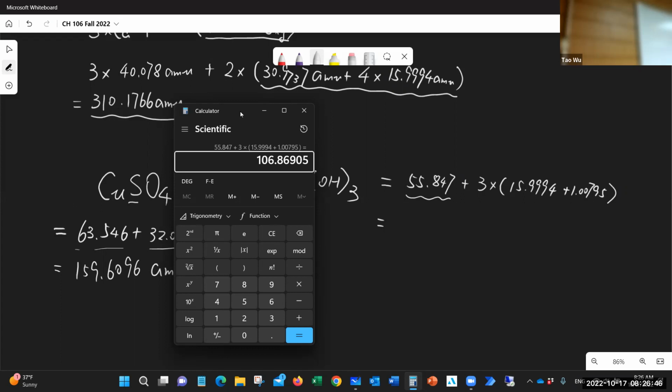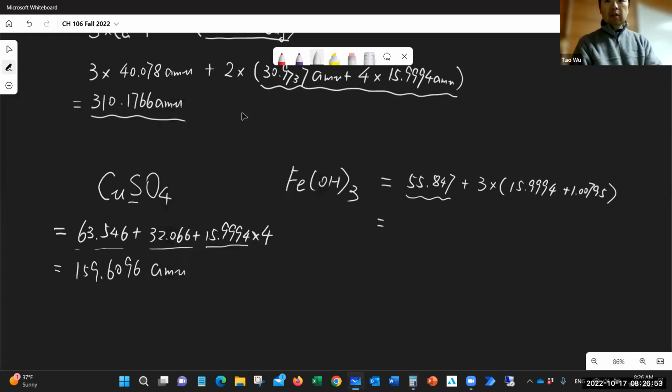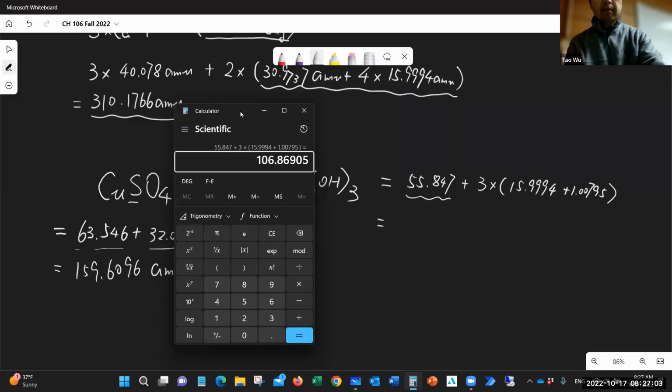If you do not have exactly the same number, that's okay, probably just because we don't have the exact number shown for each of the atoms. That's totally fine. So I got 106.86905.